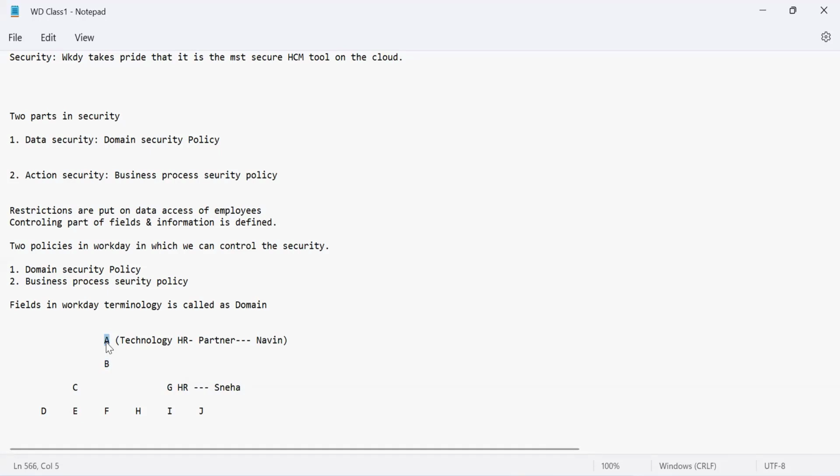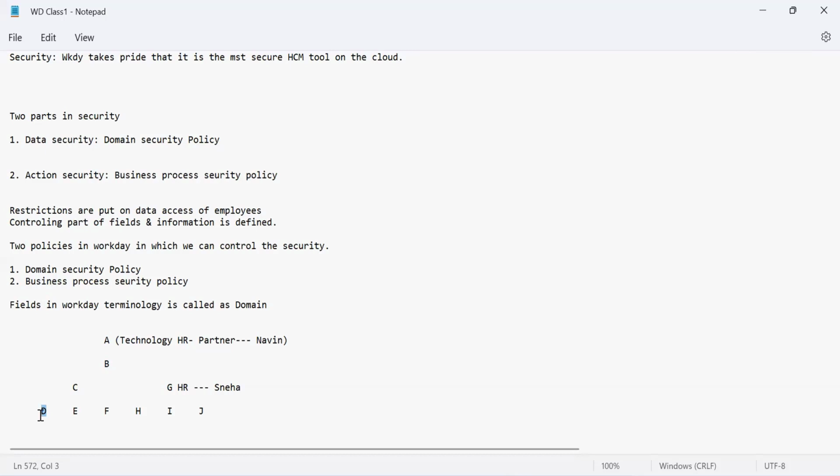So D will have access to some information of their reportees. For example, D may be able to see the compensation details, and the details of their employees, like past experience, all those things, if they are filled in. All that information will be seen by D. Similarly, that will be seen for E, F, and H, I, J will also have the same access.